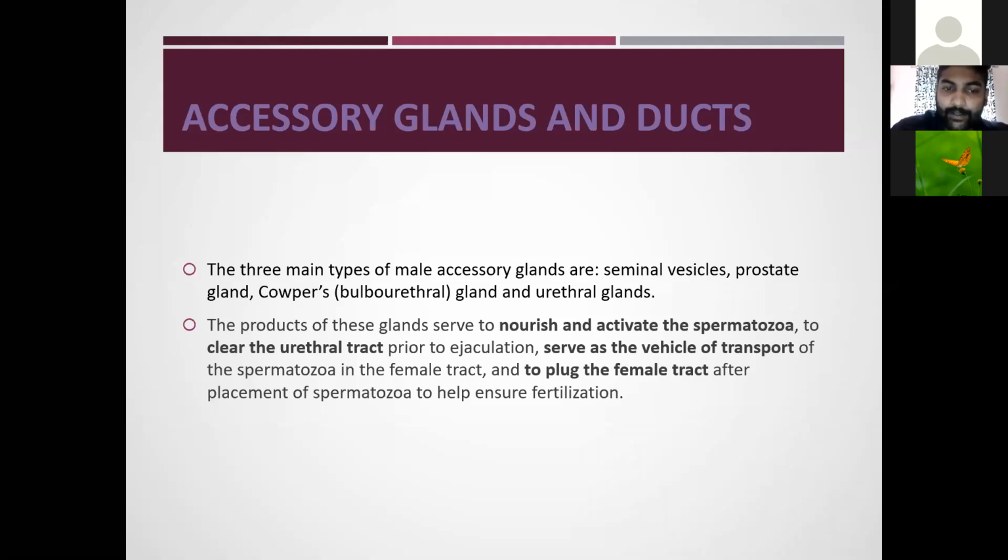They lubricate the urethral tract, serve as a vehicle to transport the spermatozoa in the female tract, and plug the female tract after the placement of the spermatozoa to ensure fertilization.